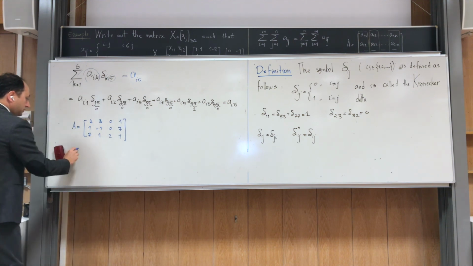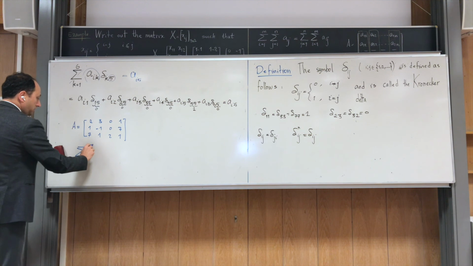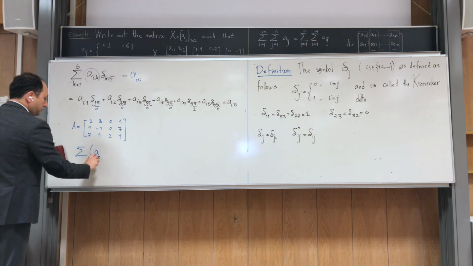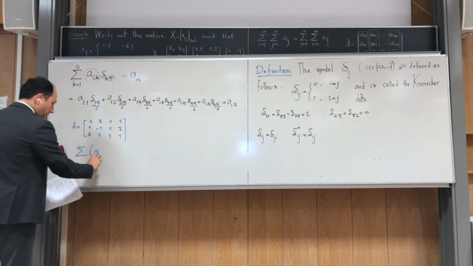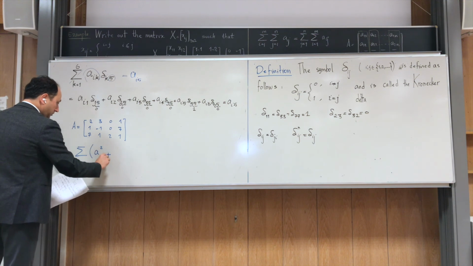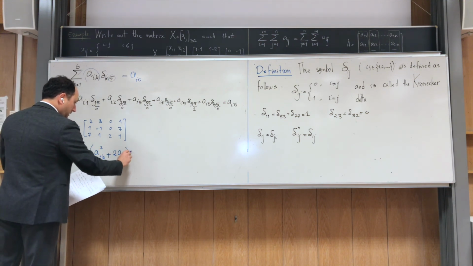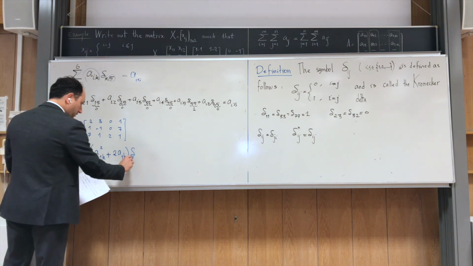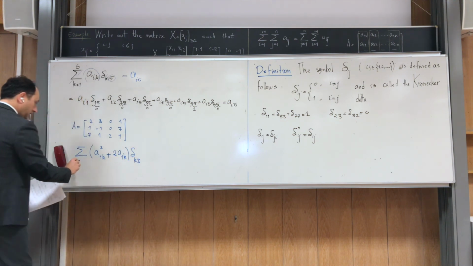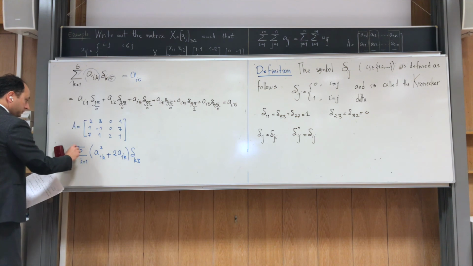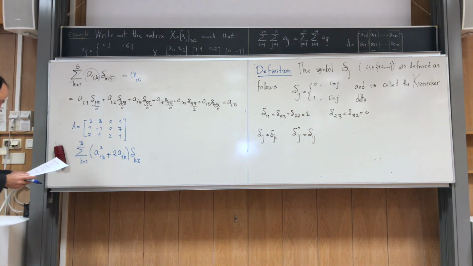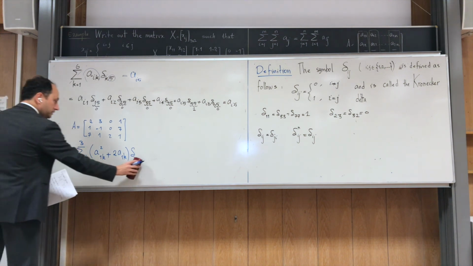And then I ask you to calculate this sigma of A, for example, k to the power 2 plus 2 A_1k, and then I have delta k3, and here k goes from 1 to 3. So let me write it as k2.